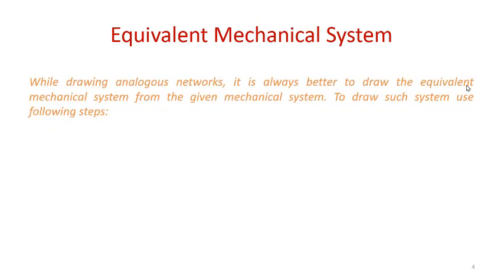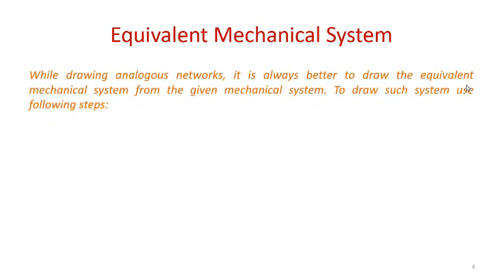While drawing an analogous network, it is better to understand how to draw an equivalent mechanical system for the given mechanical system. Hence, to draw such a system, we follow certain steps. Let's go through the steps of drawing an equivalent mechanical system, which helps in doing our analysis.